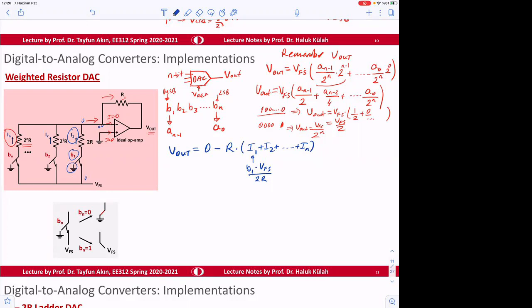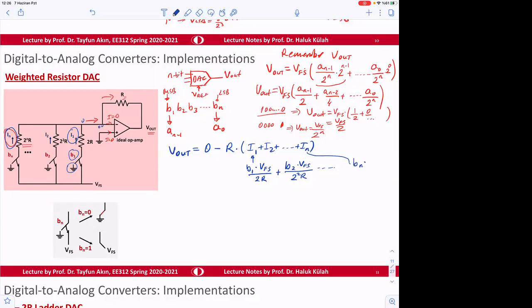So it's conditional. Plus B2 times V full scale divided by 2 to the power 2 R. What about this last one?